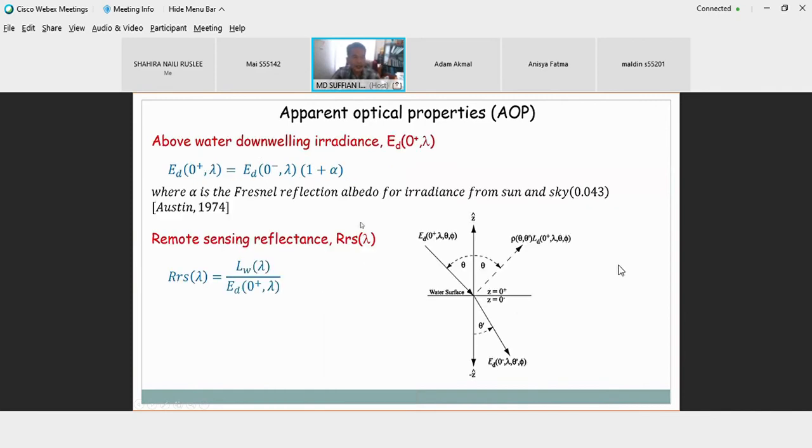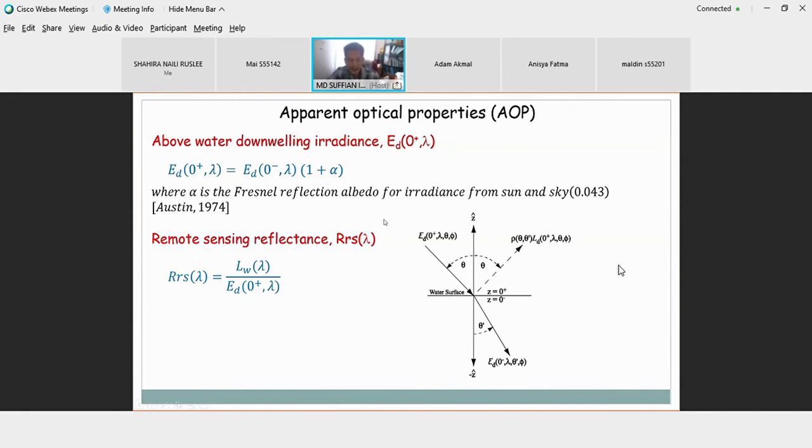And then above-water downwelling irradiance. Downwelling means going in, from the solar radiation. What comes in is irradiance, and water-leaving is radiance.